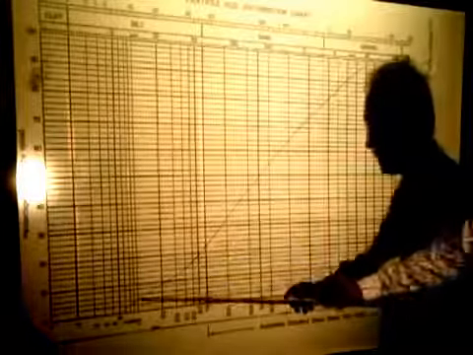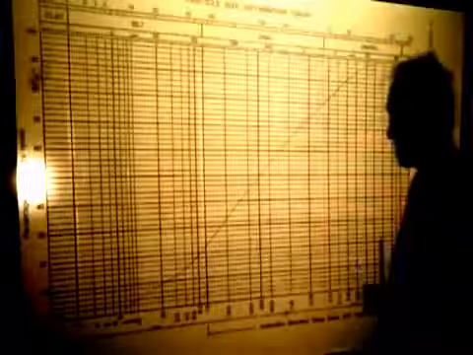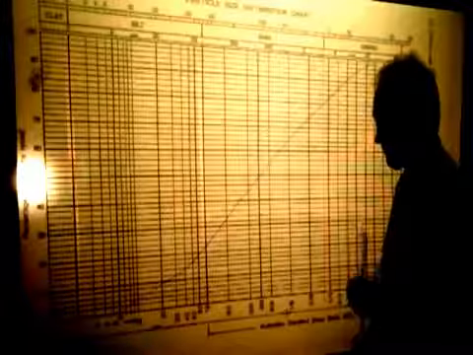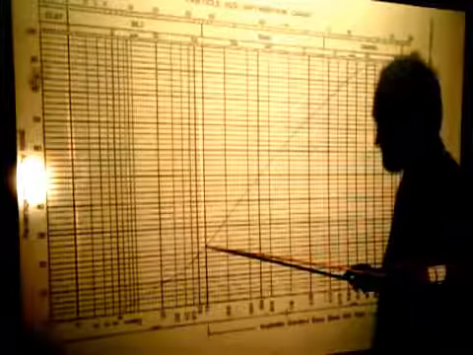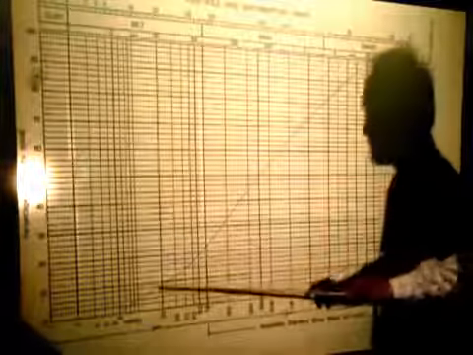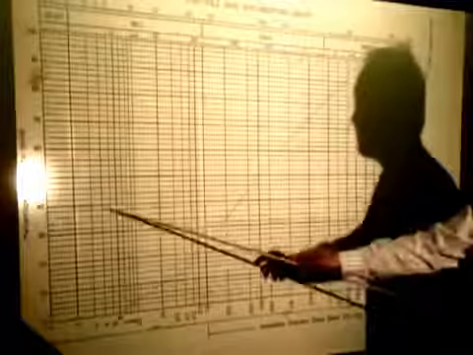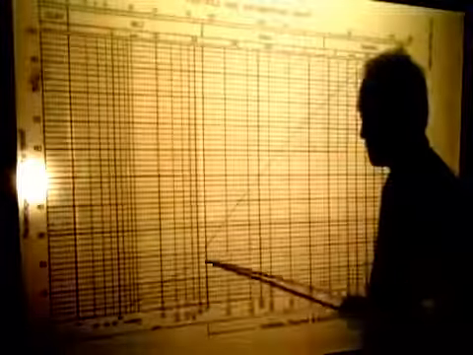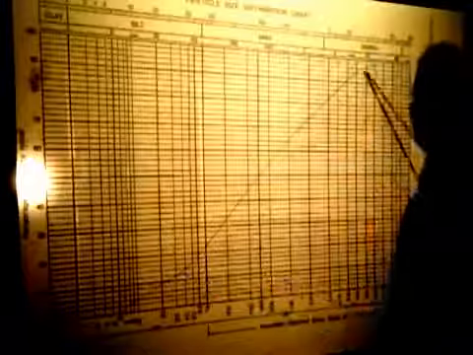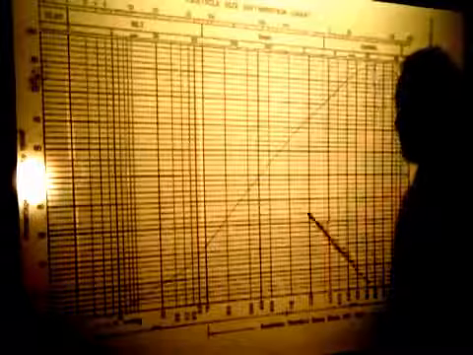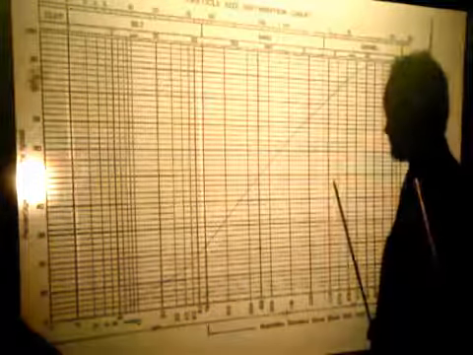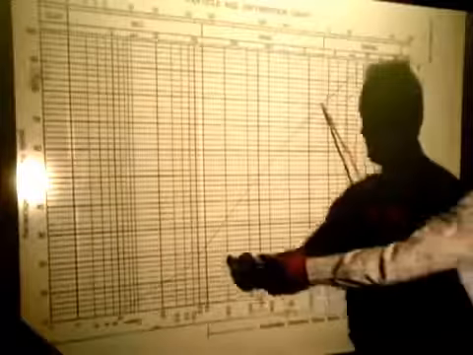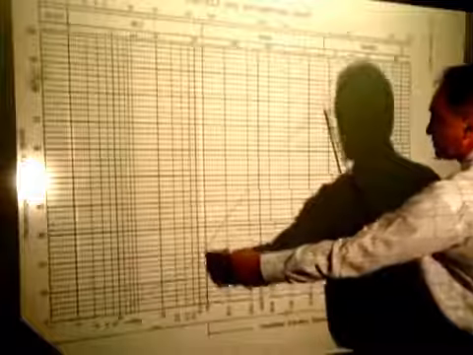So because we have more than 12% fines, this cannot be classified as W or P. So here we have 22% fines, and the fines are all residing in the silt range of sizes. So we have 22% silt, 20% gravel, and 20 plus 22, 42 taken from 100% gives us 58% between the gravel and the silt size.